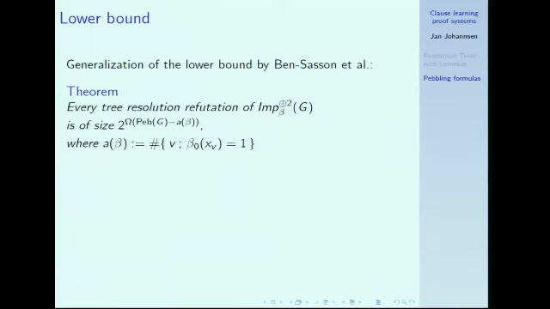Alistair Urquhart wrote in a recent paper that adapting the proof of Ben-Sasson and others to the case of XOR, replacing the variables by XOR instead of OR, can be done by literally copying the proof line by line, which I found is not quite true.